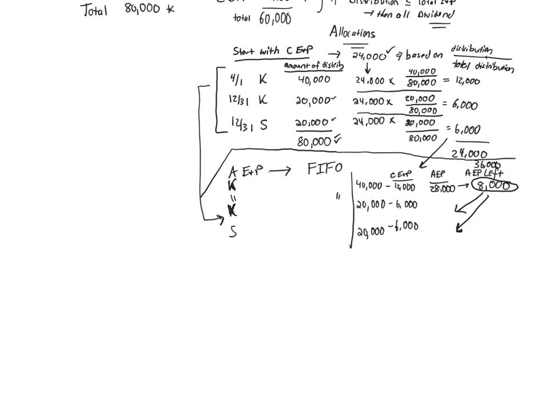The $8,000 left, we're going to allocate. The reason we're doing this is because it's FIFO. You go in order of the dates: April 1st, but then these two are on 12/31.